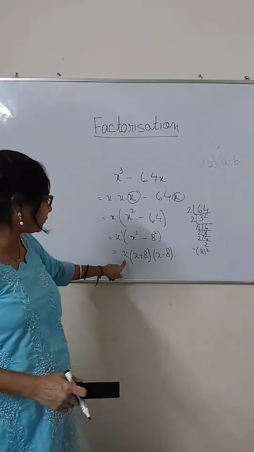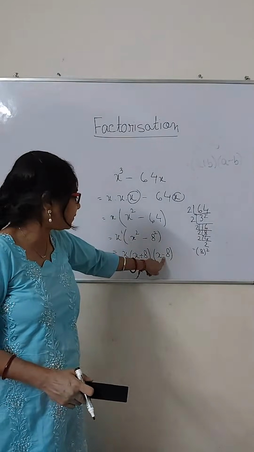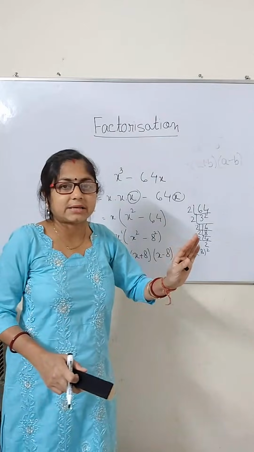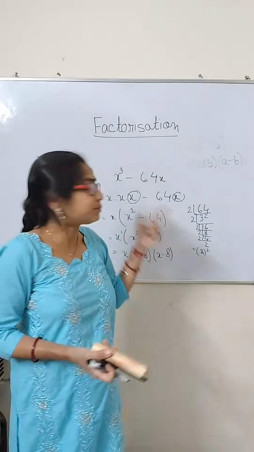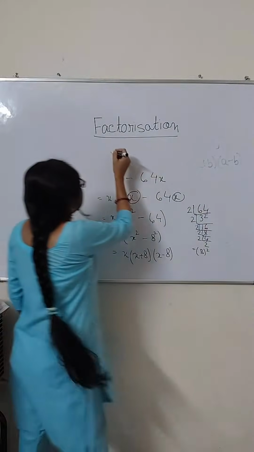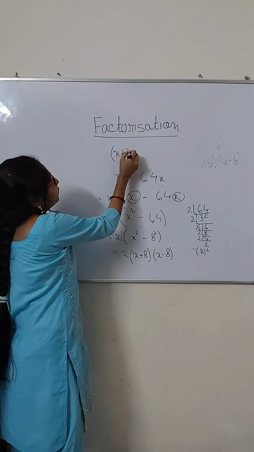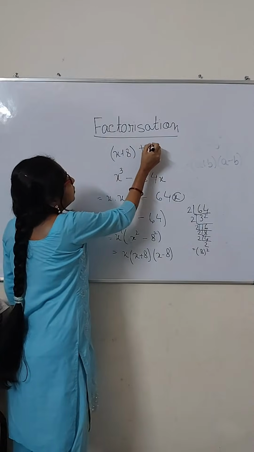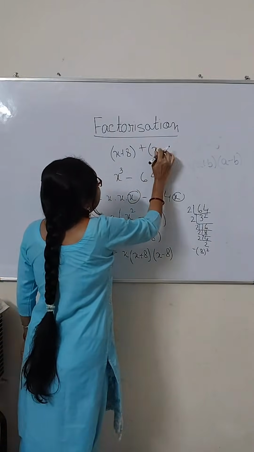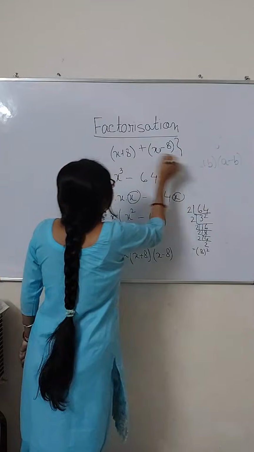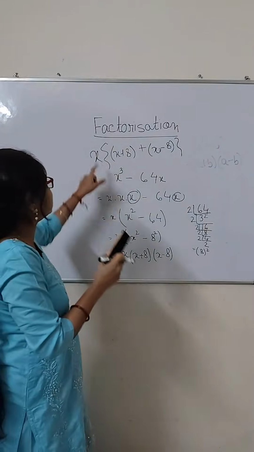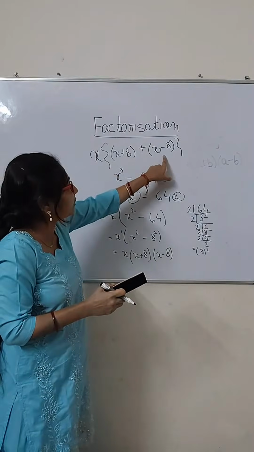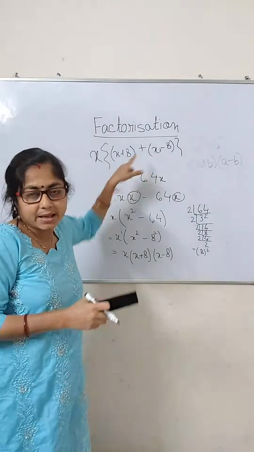If you start from here, you multiply here first, then here, the result is same. So there is no problem. Don't use any bracket. But if there is plus or minus, then you should use a bracket, because in that case it is multiplied, then it is multiplied, and in the middle there is a plus sign. Clear?